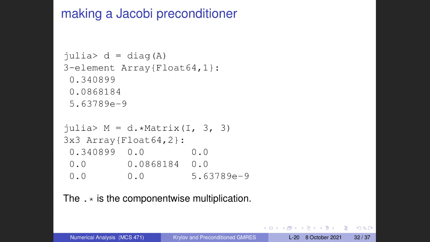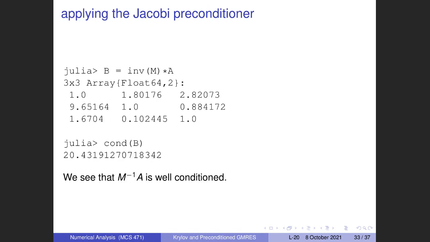Here we take the diagonal part of A, and then we make a multiplier matrix. Taking the diagonal gives you a vector, but the preconditioner is actually a matrix. So we make a matrix M out of this, and the inverse of that will be the preconditioner.